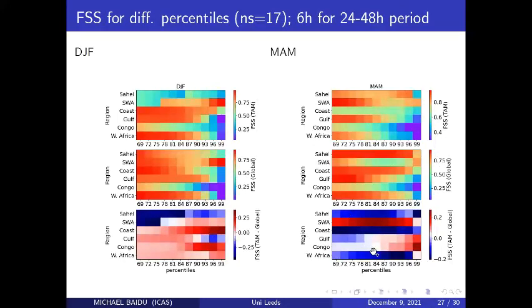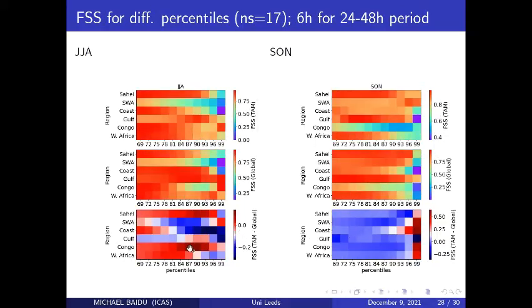And it also varies when you look at March, April, May. In June, July, August, we see that for lower rainfall intensities, the tropical African model performs better for most of the regions. But when you come to higher rainfall intensities, the global model is outperforming.